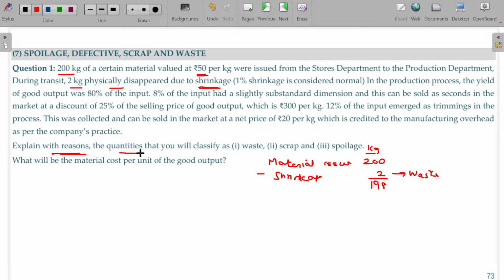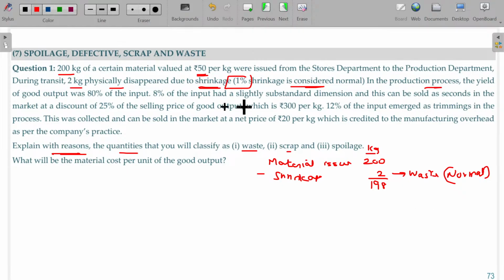Explain with reasons the quantities that you will classify as waste, scrap and spoilage. So this is waste. And 1% shrinkage is considered normal. Out of 200, 1% is 2. This is only 2, then it is called normal. This may also be possible being normal or abnormal. Here it is normal.